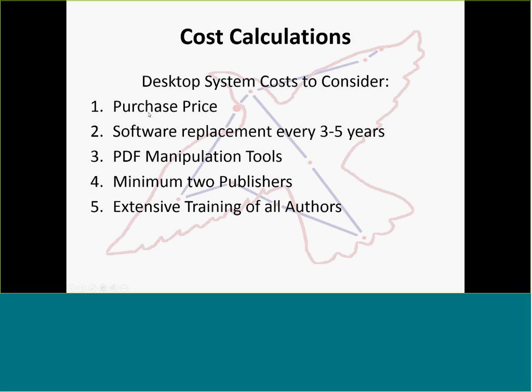Some of the things to consider, of course, you've got your purchase price. The software will need to be replaced or updated every 3 to 5 years. This is due as much to software improvements as to changes in the standard. You need PDF manipulation tools. Generally, you do not want to have a publishing group of less than 2 publishers.